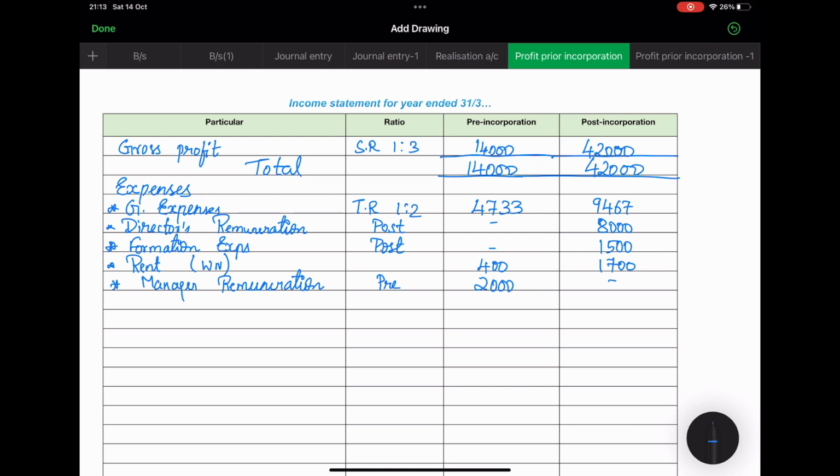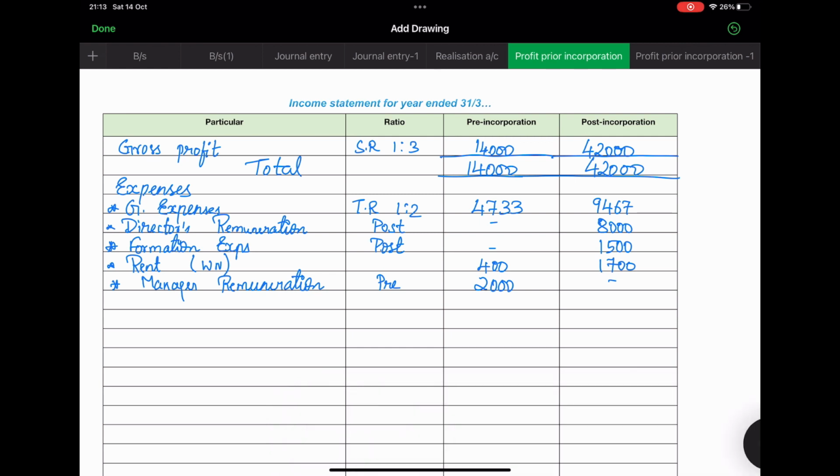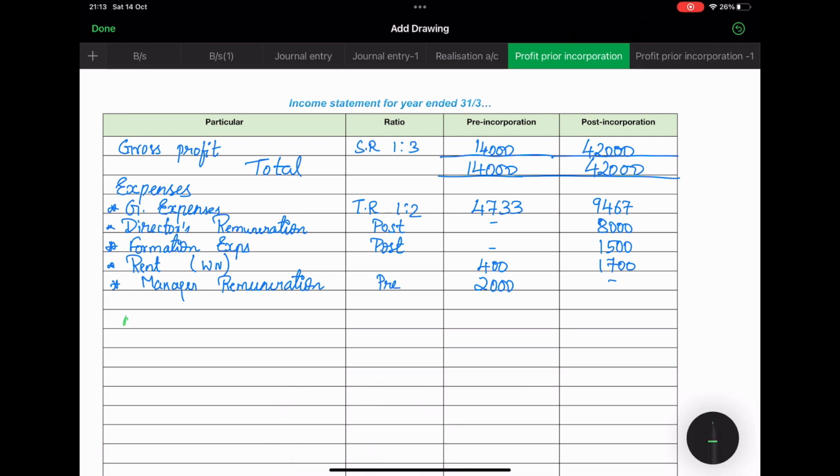Next, so directors, yes, all the adjustments have been calculated. There is no other information given in the question. So now we are going to transfer the net profit if we have. So net profit transferred to.